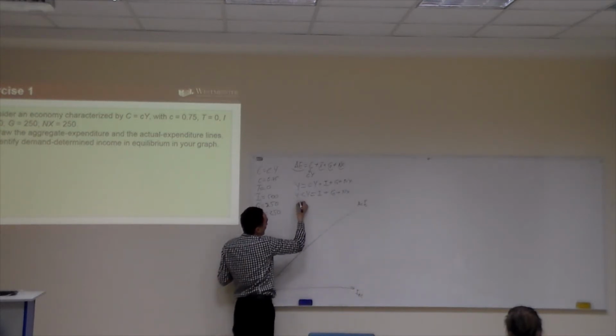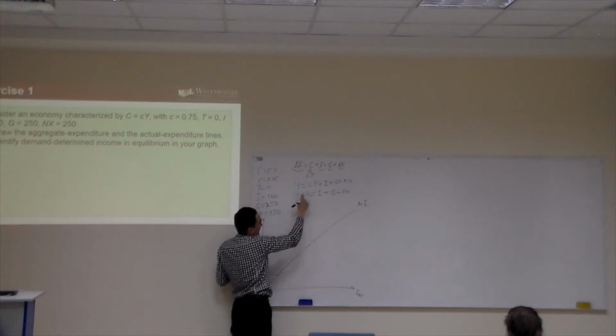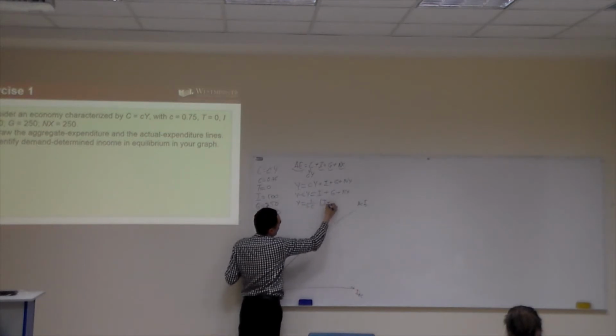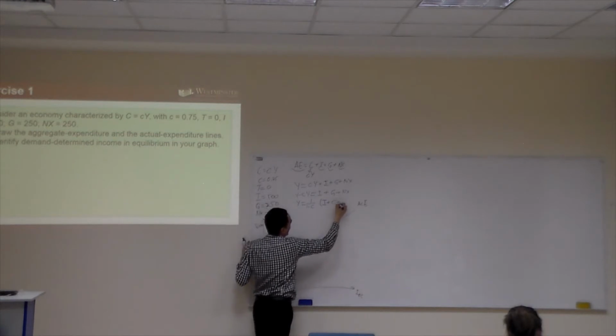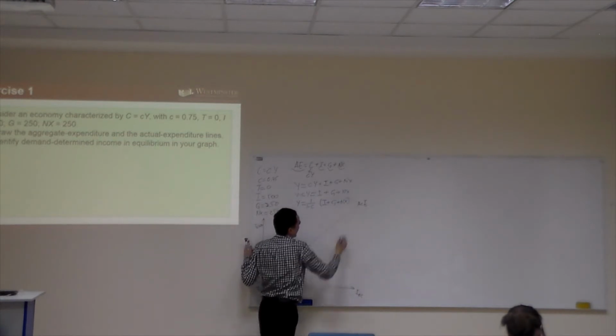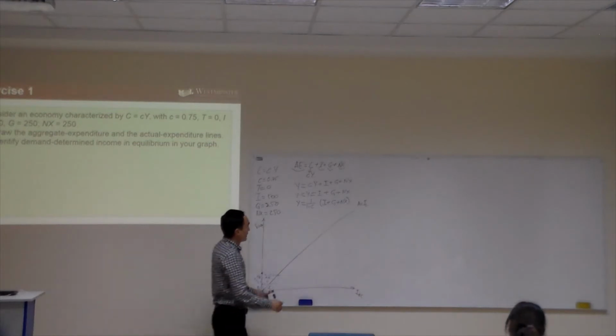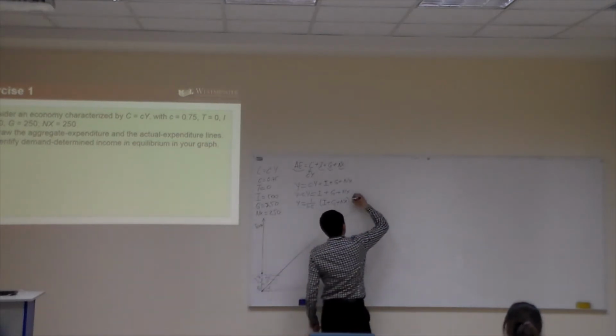Where our Y is equal to, if I divide both sides by 1 minus c, 1 over 1 minus c, which is now the multiplier, times investment plus government spending plus net export. Right? So now everything is given.